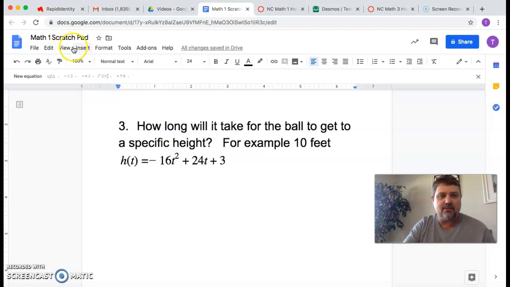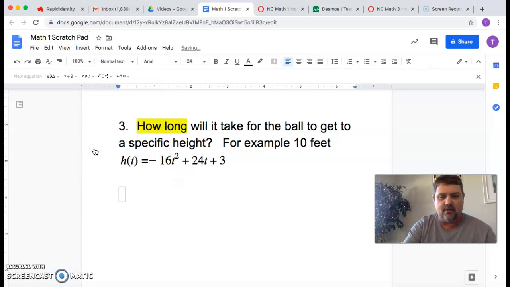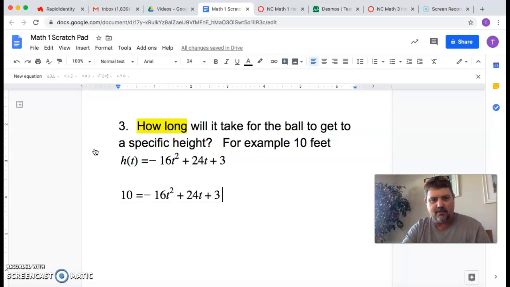Instead, what you need to say is, wait a second, how long? This part right here, how long, is telling you what you're solving for. You're solving for t. I want to know how long something is. That's a time. So we'll have to solve an equation. It sounds like we need to know when the height is 10, and we've got to deal with a quadratic equation, because that's what happens with a problem like this. It probably is one of the more challenging ones for us sometimes.